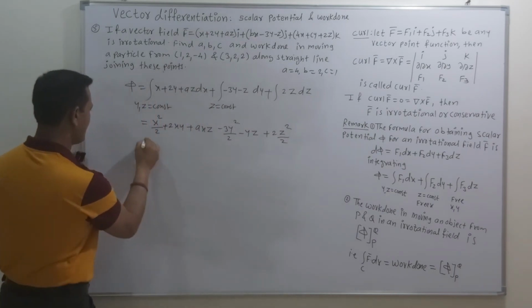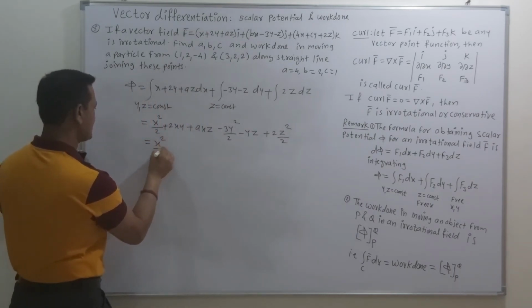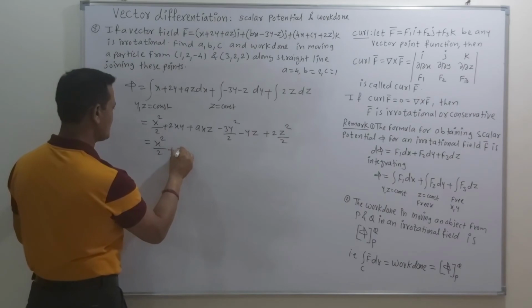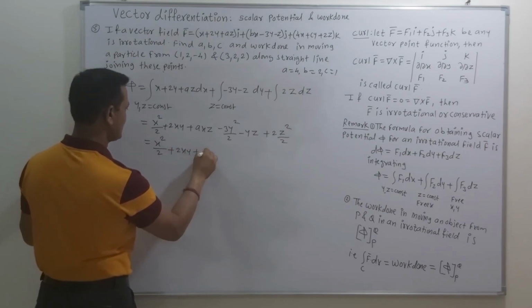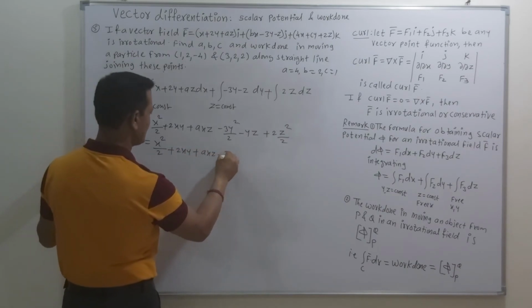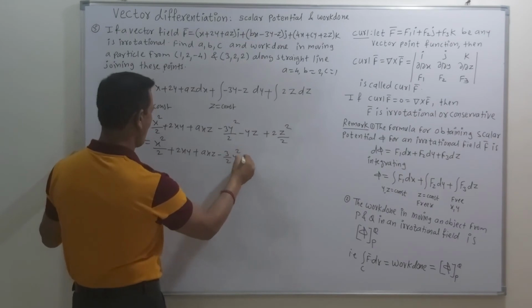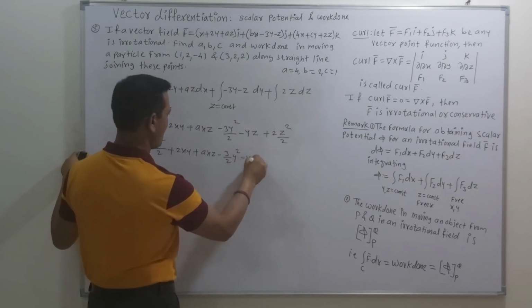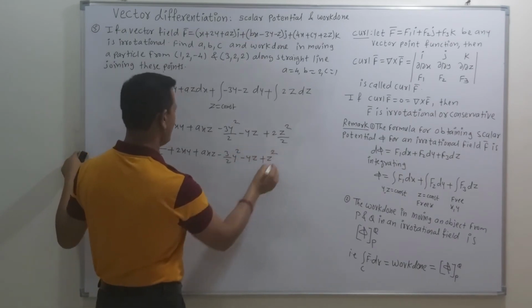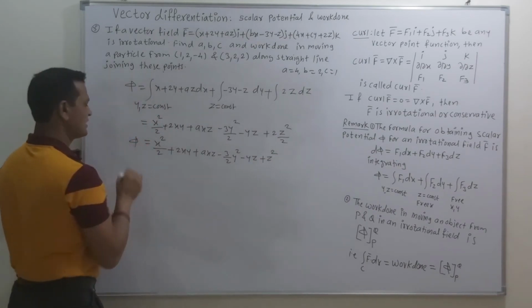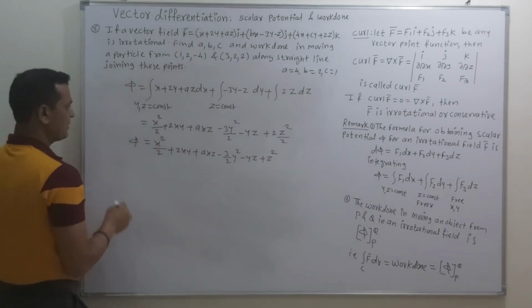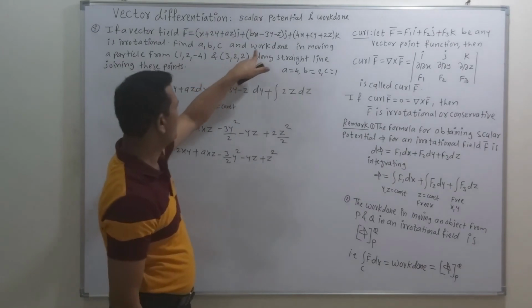If we simplify this, we get x square upon 2 plus 2xy plus axz minus 3 by 2 y square minus yz plus z square. So this is the value of scalar potential phi, but our question is related to the work done.